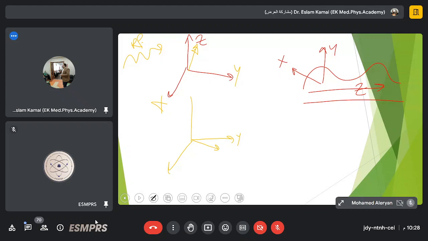At the beginning, we have a magnetization called longitudinal magnetization, MZ. Number two, we have another magnetization called MXY. This one is called longitudinal magnetization, and this one is called transversal magnetization.